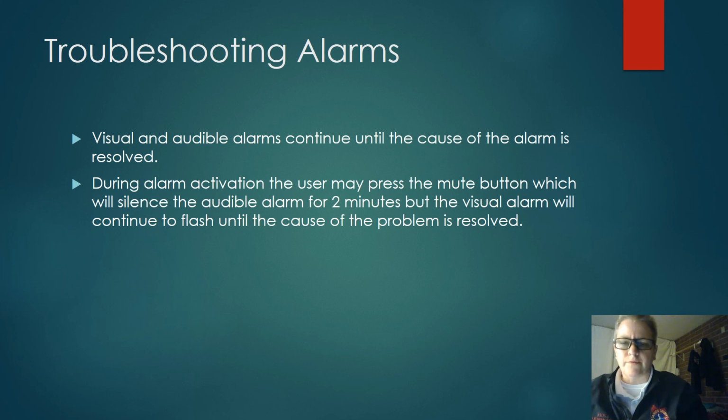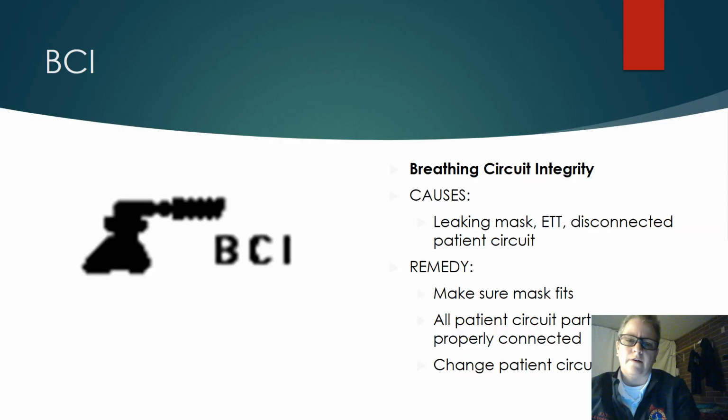All right, we're going to go through some troubleshooting alarms and possibly how to figure out what's wrong with those alarms. So the visual and audible alarms will continue to alarm until you mute it, and then the visual alarm will continue until the problem is resolved, just so you know.